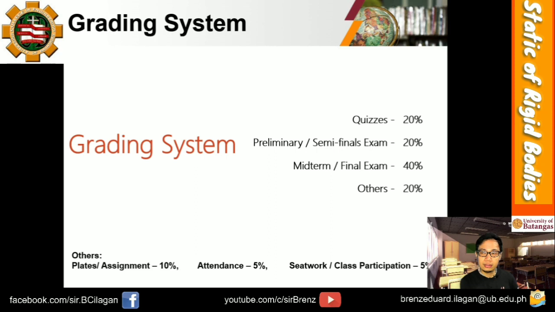Kung magkakamali ka sa 100 items, at least 1% lang yung mawawala sa'yo, unlike sa nauna na 30 items, na kapag nagkamali ka lang ng isa, 3% agad ang mawawala sa grade. May kanya-kanyang advantages and disadvantages, pero I much prefer yung 100 items.